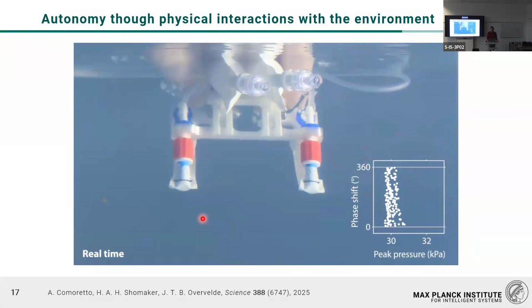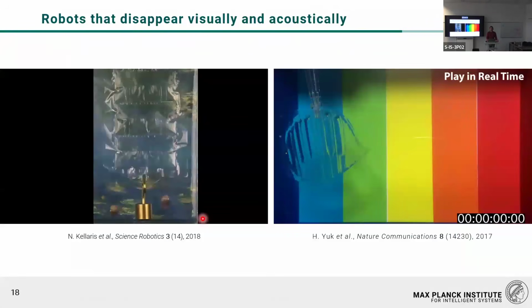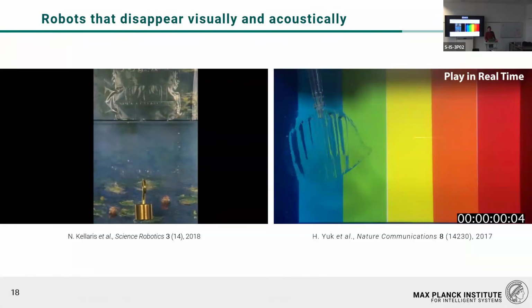In another example, we can also use the materials that we use for soft robots to have additional functionalities. For example, what if we can make our robots transparent and they suddenly become invisible, visually invisible, but maybe also acoustically invisible.